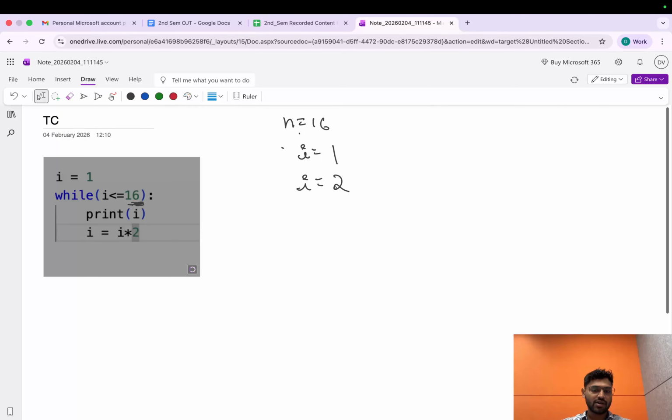Yes, we are going to print 2, and we are updating i equals i into 2. Now i equals 4. 4 is lesser than or equal to 16, right? Yes. And next time 4 into 2, 8. Next time 8 into 2, 16. So if we keep lesser than or equal to, it's going to run. If not, it's not going to run.